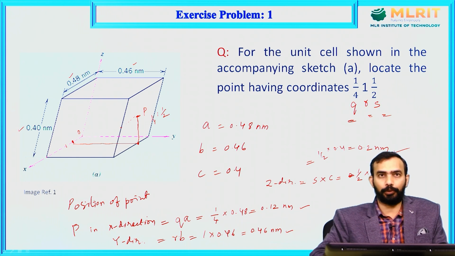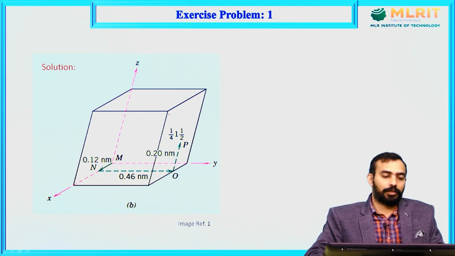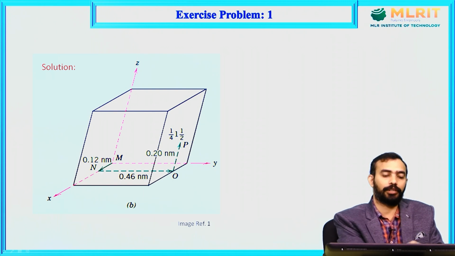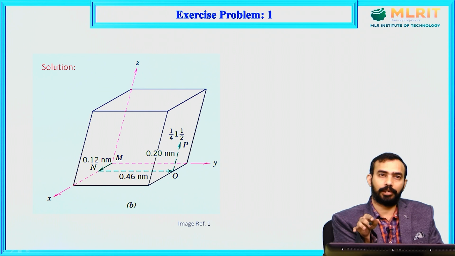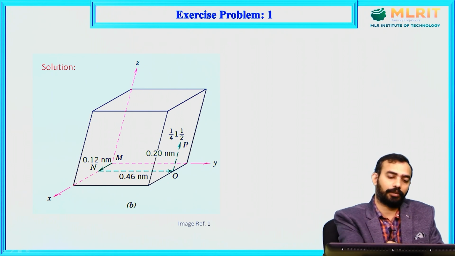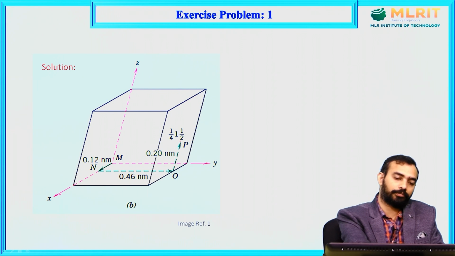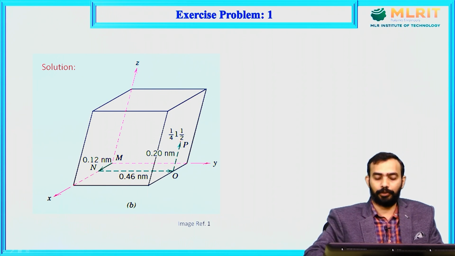That is how we have to locate point P. This is the final solution. We have moved in the x direction by 0.12 nanometers, in the y direction by the complete edge length, that is 0.46 nanometers, and in the z direction by about half of the edge length, that is 0.2 nanometers, and this is your point P, which has coordinates of 1 by 4, 1, 1 by 2.